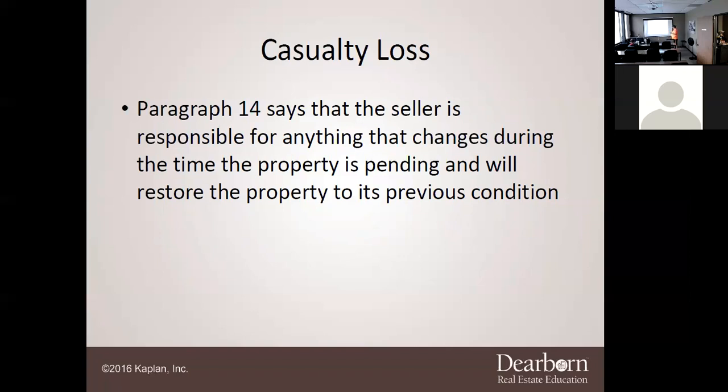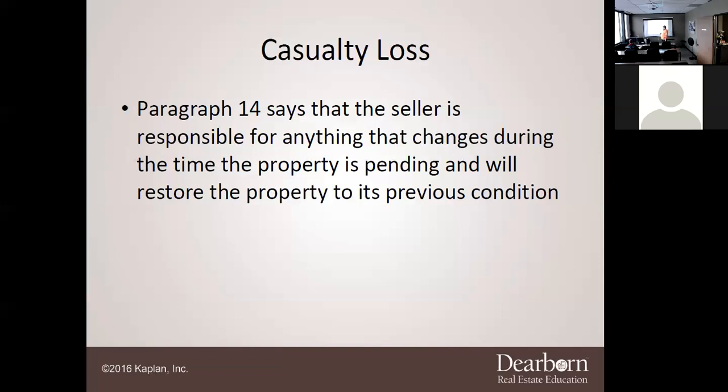What this is saying is, if I'm selling my house and we go under contract with a buyer, and on day 12 or 15 or whatever the water heater explodes in the attic and the floors are flooded, it's actually my responsibility. I have to pay to fix all that stuff and restore the property to the condition it was in at the time of the contract.